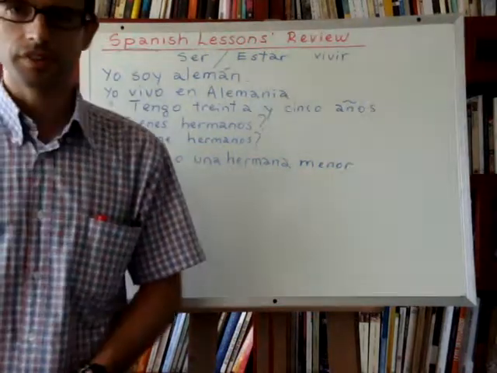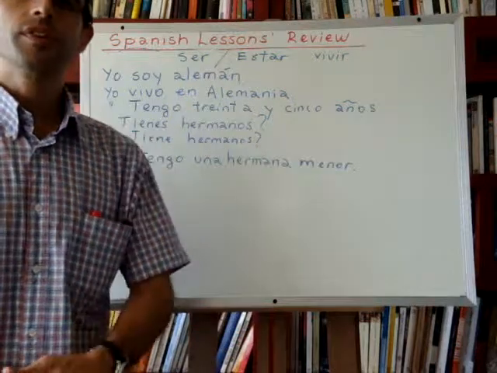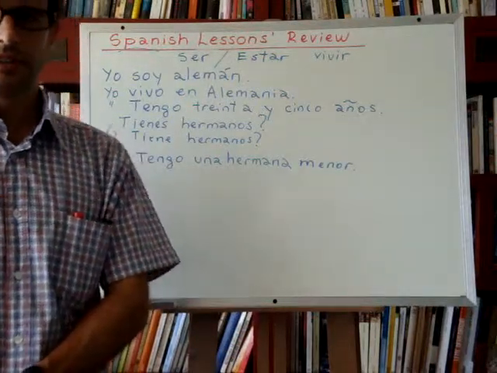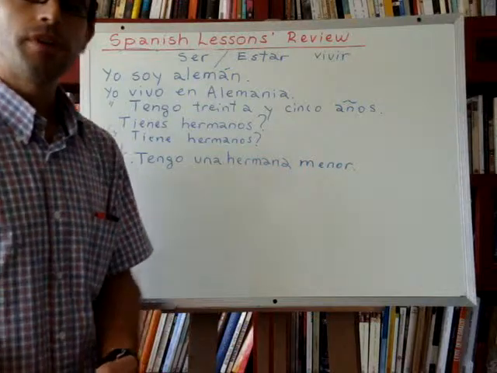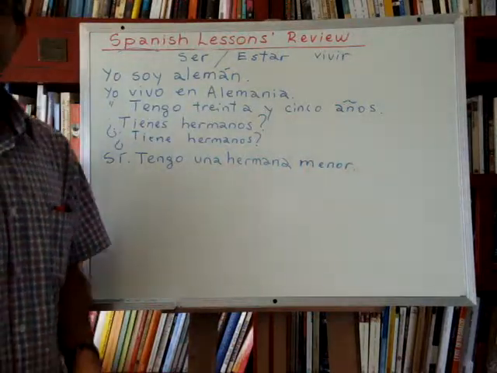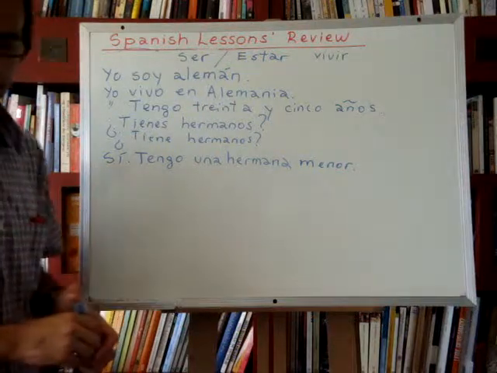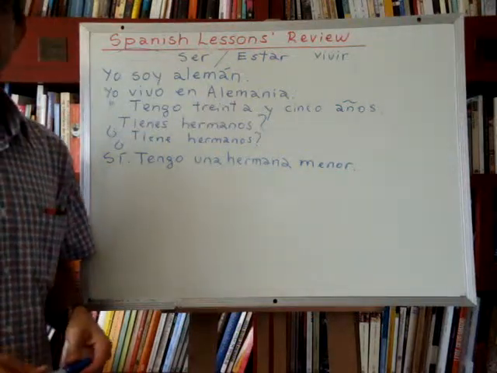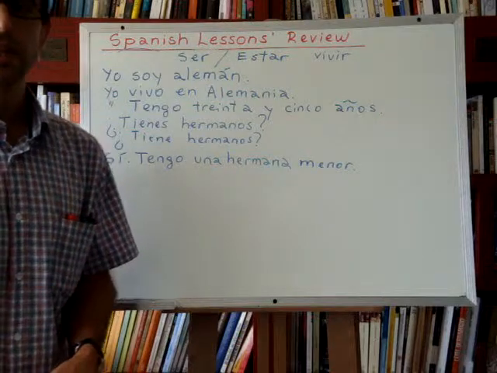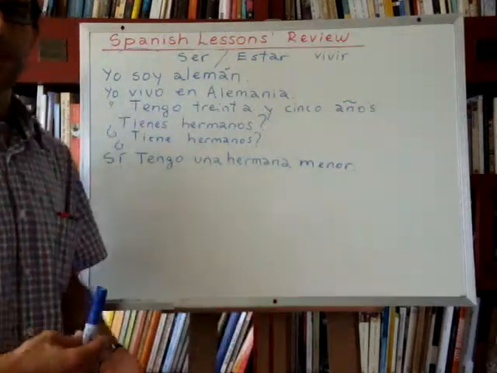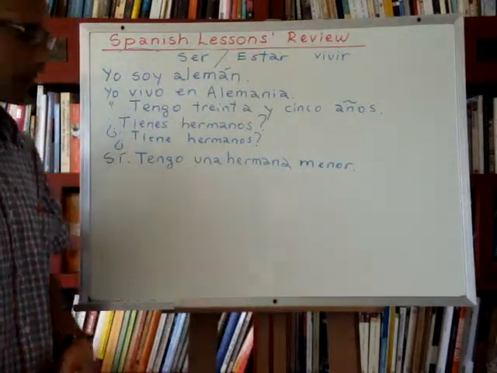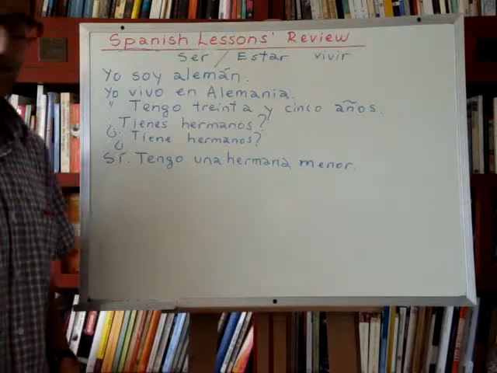How old is your sister? How do we say how old in Spanish? Remember we say ¿qué edad tiene? That literally means what age does she have, right? Somebody is not a certain age. Somebody has a certain age in Spanish, right? Edad is the word for age in Spanish.